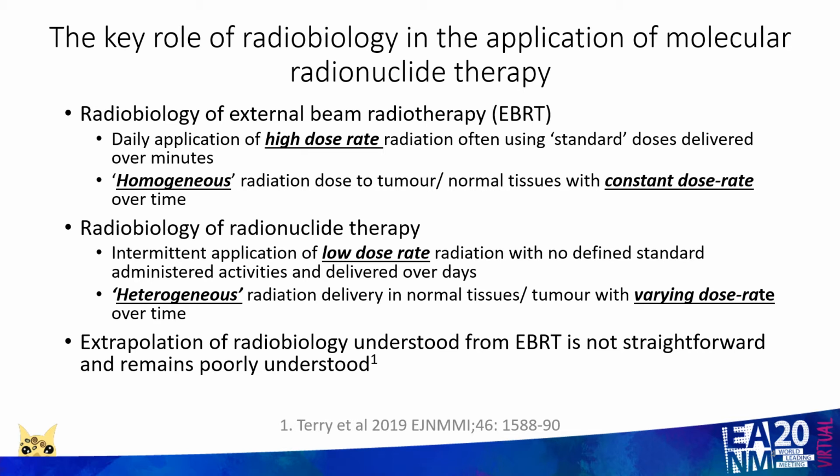The radiation is delivered to tumours in a largely homogeneous pattern and at a constant dose rate, and this is completely different to radionuclide therapy, where treatment is given intermittently, often with weeks between each of the treatments. The radiation is delivered at much lower dose rates, which vary over time, and the radiation delivery is markedly more heterogeneous, with some areas within tumour and normal tissue receiving much higher doses and other areas receiving much lower doses.